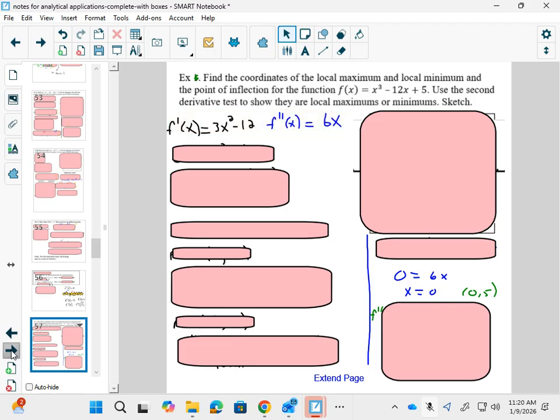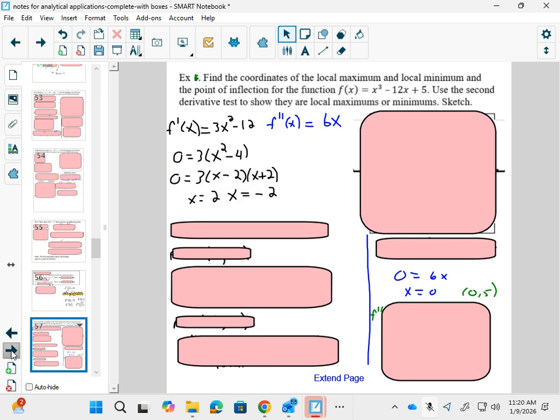So you would find your first derivative and you would find your second derivative and kind of skip your number line for the first derivative. It's really hard for me to skip the number line for the first derivative. But we're going to do it.